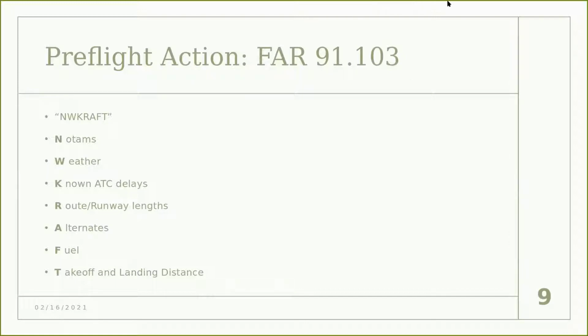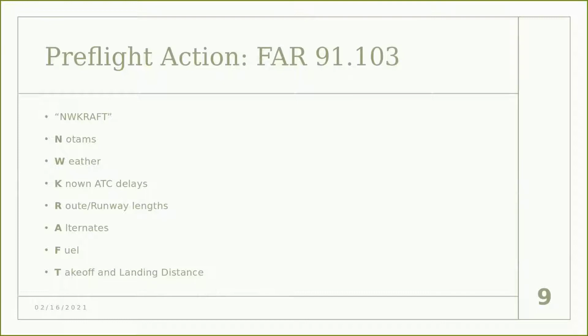For any flight, runway lengths at airports of intended use, and the following takeoff and landing distance information. For civil aircraft for which an approved airplane or rotorcraft flight manual containing takeoff and landing distance data is required, the takeoff and landing distance data contained therein. Basically, you need to do your performance calculations.